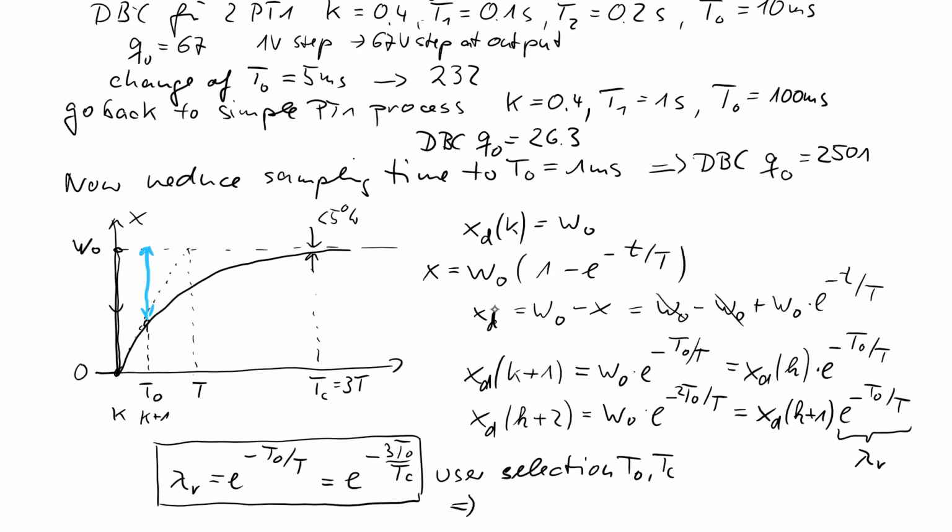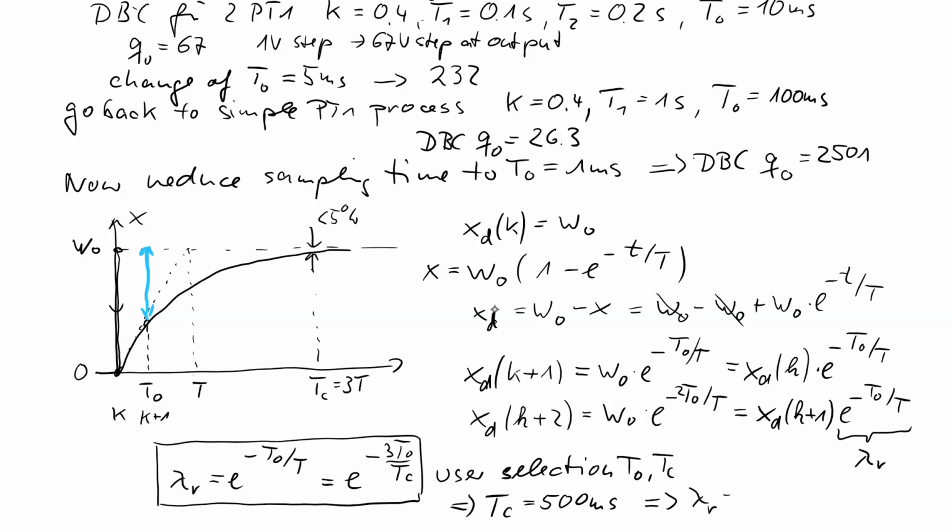Example: I want to have in our process with my 1 millisecond sampling time a Tc of 500 milliseconds. That is okay for me. The user said, okay, half a second is a good 5% settling time. This leads at once to a lambda factor.